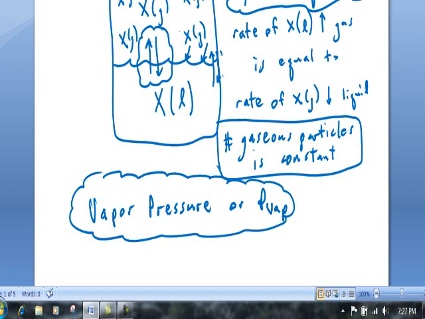That pressure created by these gaseous particles in a state of dynamic equilibrium with the liquid phase, in which the gas particles have completely saturated the airspace, is specifically known as the vapor pressure, or PVAP, for a particular liquid.